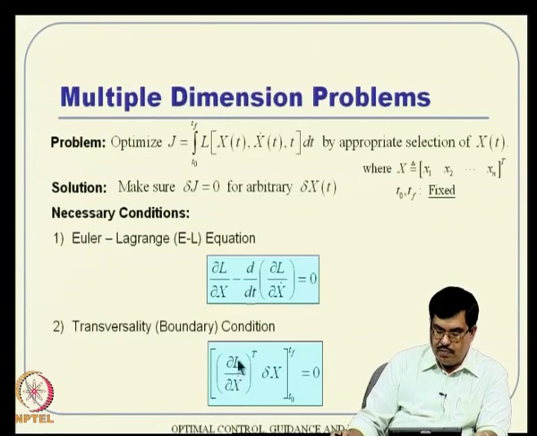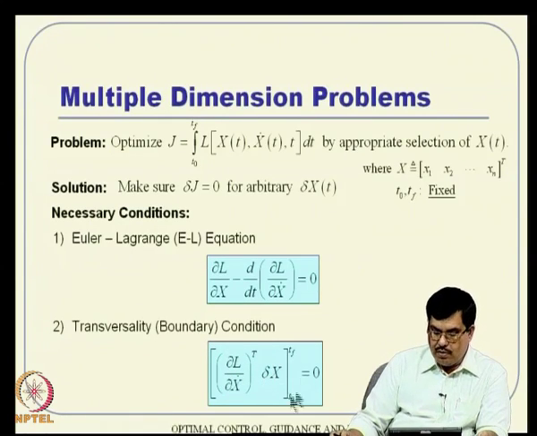But remember these two equations now are not exactly the same as what you have seen before, especially this particular equation contains n equations really: del L by del x1 minus d by dt of del L by del x1 dot equal to 0, then you can substitute x2, x3 like that. So it really contains n equations. Alright, and here the transpose is also a must, because this itself is a vector and that is also a vector.